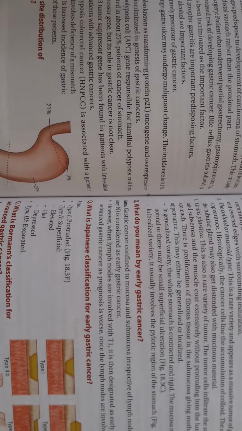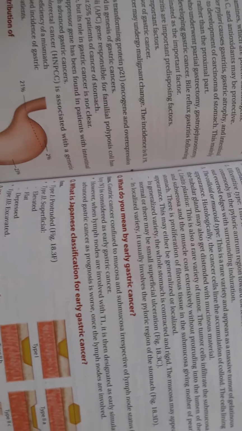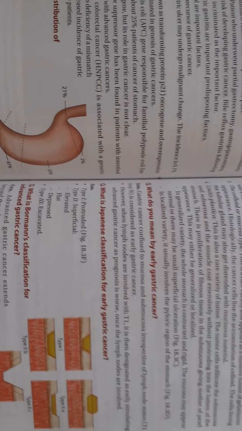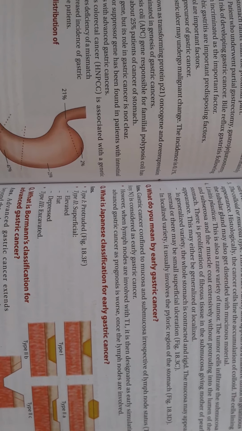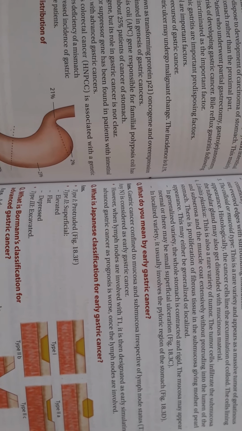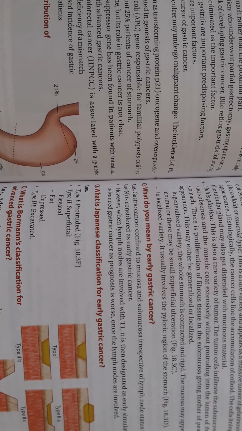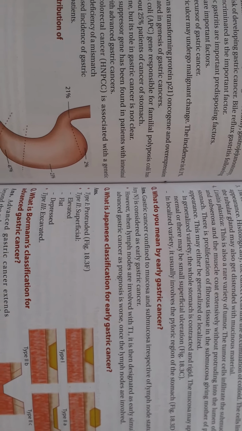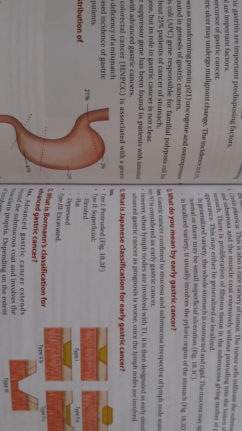This may either be generalized or localized. In the generalized variety, the whole stomach is contracted and rigid. Mucosa may appear normal or there may be small superficial ulceration. In the localized variety, it usually involves the pyloric region of the stomach.